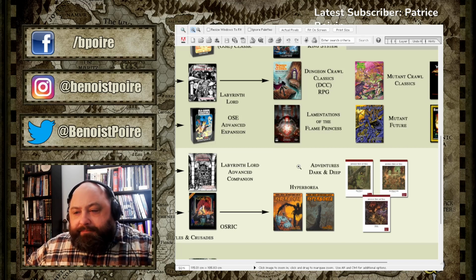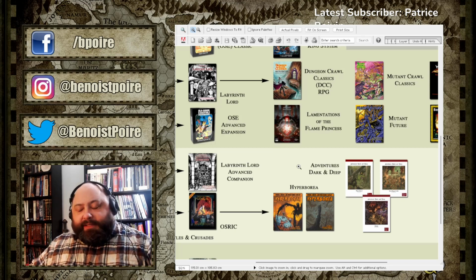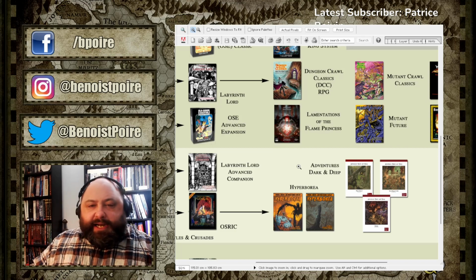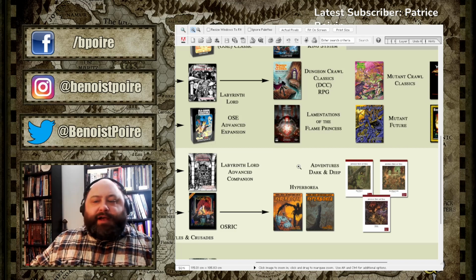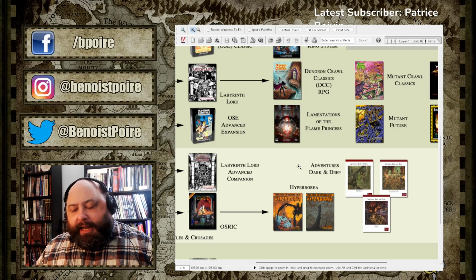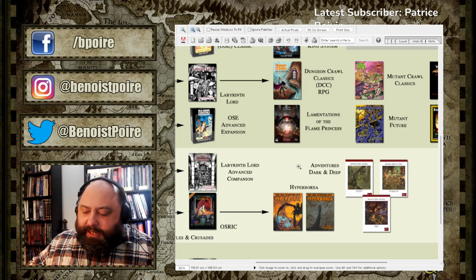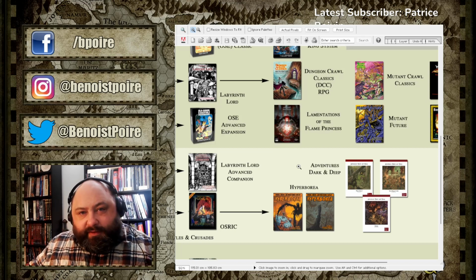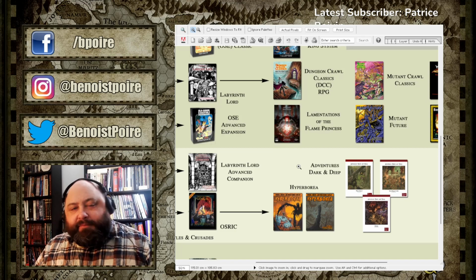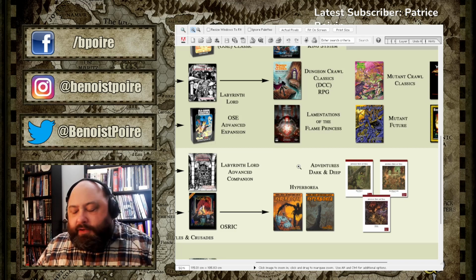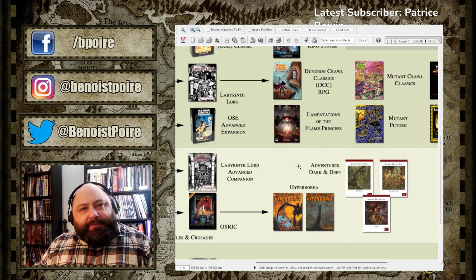Adventures Dark and Deep is an interesting scenario. That's a game that's built on the idea of what if Gygax had in fact not been fired from TSR and would have created the Advanced Dungeons and Dragons rules of second edition, as he was talking about it in Dungeon Magazine before being fired. He was giving some previews of what was in the works, but that never came to be.